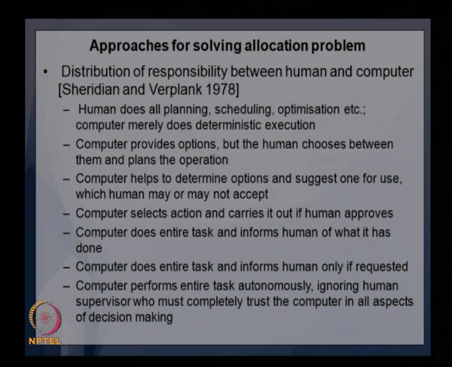At the top level, the human does all planning, scheduling, optimization and other tasks, and the computer merely does deterministic execution. So it will do some calculation inside the system.